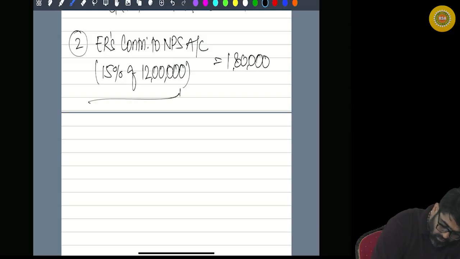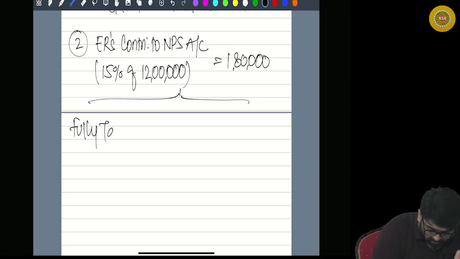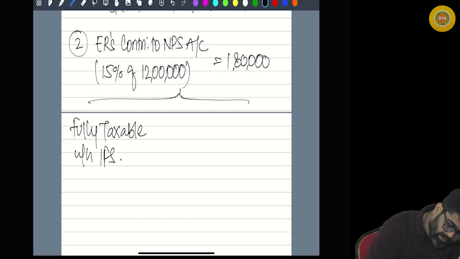Now here what are you going to do? Again two things. Number one, fully taxable under the head income from salary, and then deduction under section 80CCD2.